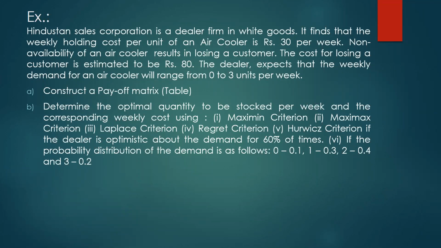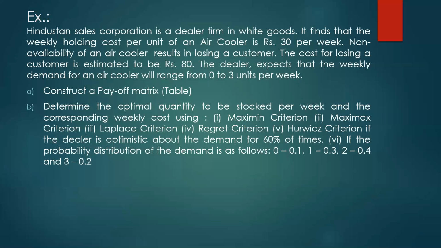Strategies sold or unsold. Okay, for air coolers. Fine, then there can be a strategy of stocking a number of air coolers. So whether I should stock 1 unit, 2 units, or 3 units, or 4 units, depending. So these are my strategies. What would be the first strategy?